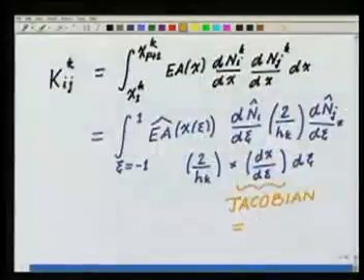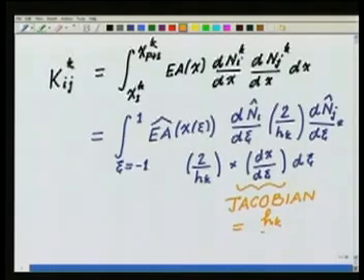If I go back to the expression that we had derived for the dx in terms of the d psi, this quantity will be equal to hk by 2, where this is the length of the physical element and 2 is the length of the master element. So the ratio of the length of the original element to the length of the transformed element, that is called the Jacobian.